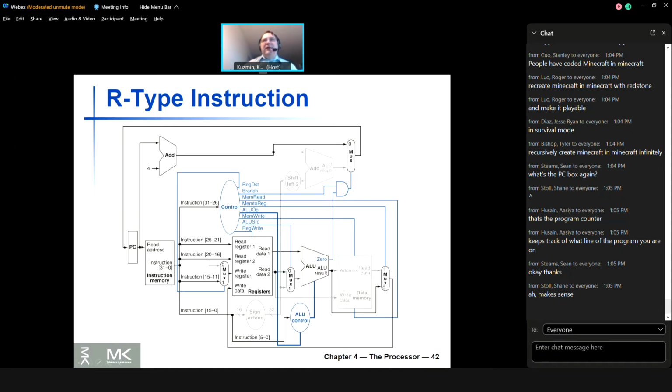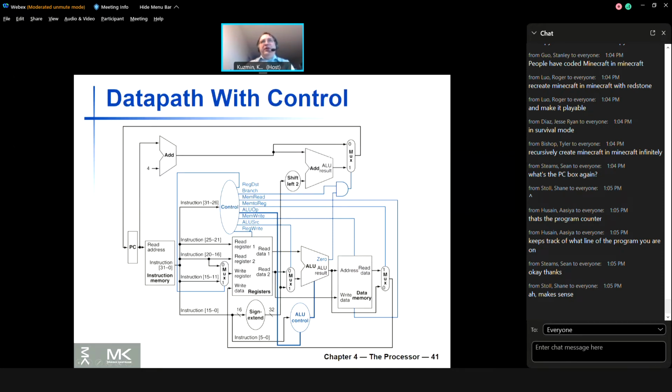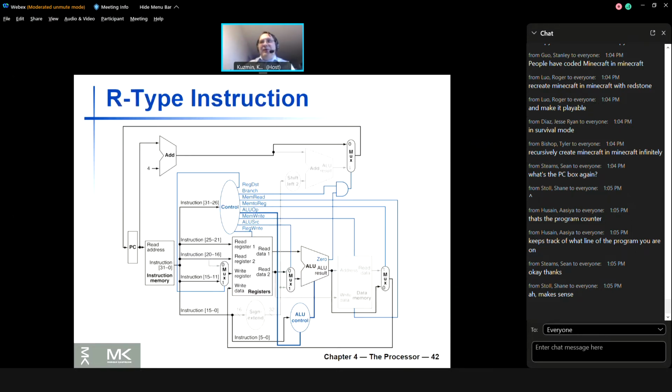Their convention is that grayed out parts are not used for a particular instruction. Starting with our data path with control, which for the time being is our final simple diagram, we want to see which parts of it are used for which instructions.